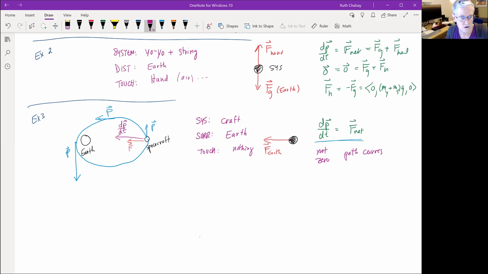Now, in this case, we happen to know the net force. But in many cases, we're actually going to be working from the rate of change of momentum to find a net force. So we want to be able to go both ways. So how would we find dp dt?